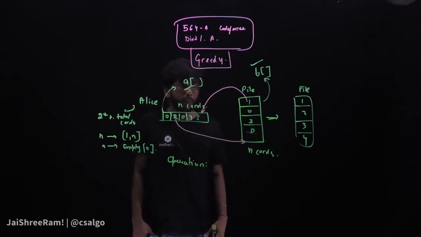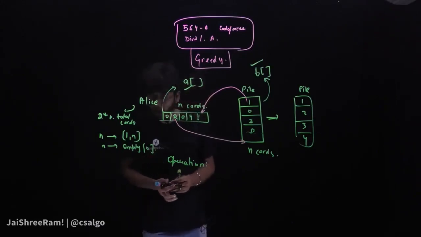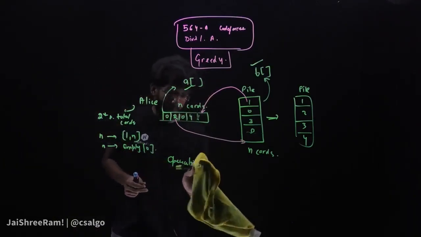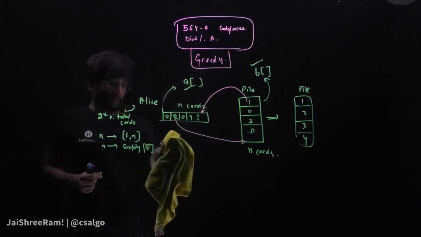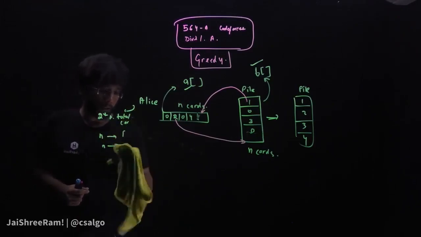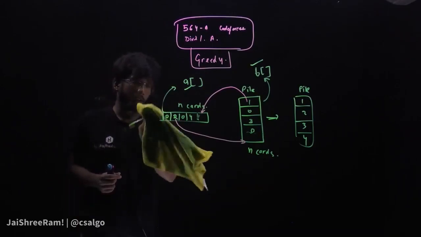Now let's jump on to how we can think of a solution to this problem. Thinking of a solution in competitive programming, you should have an ideal approach. You should consider some cases and think about how it's working.